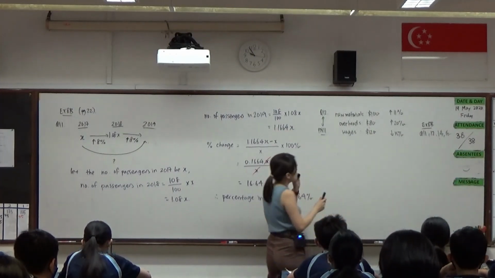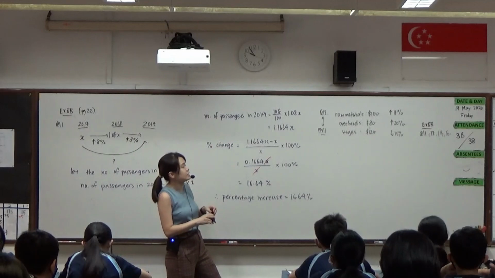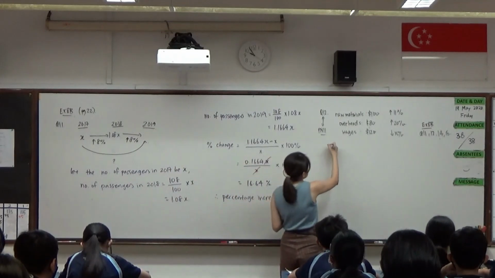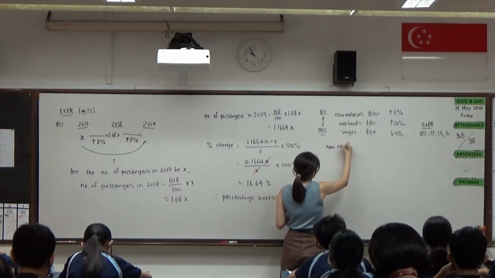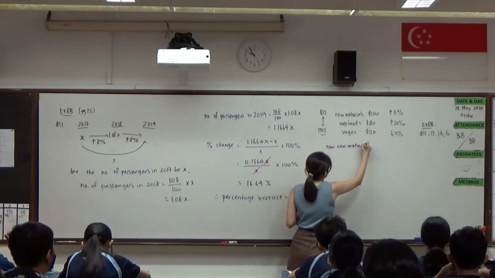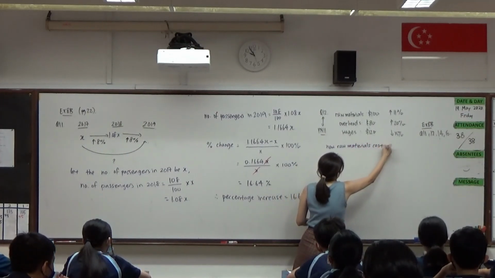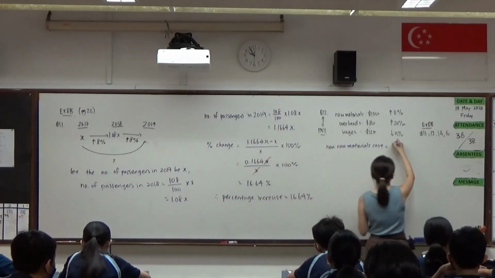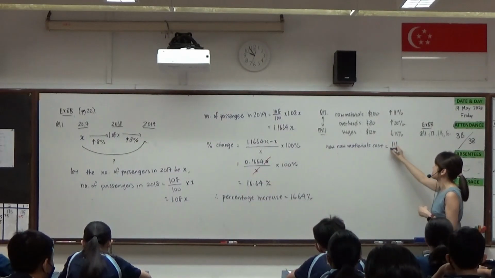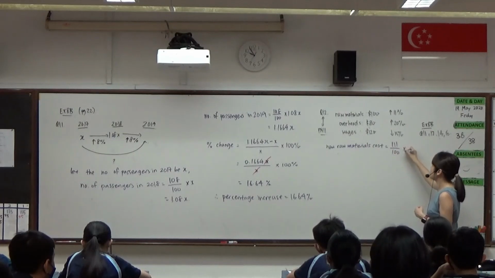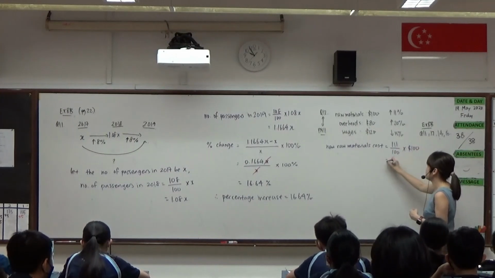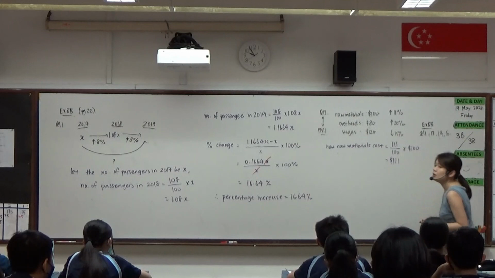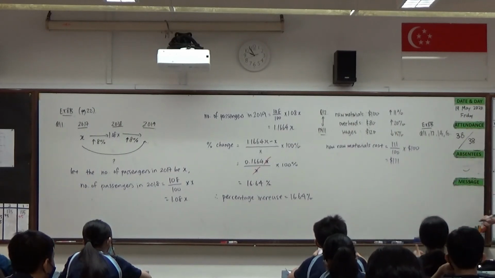So what we need to do is to find out what is the new raw materials cost. Since there is an 11% increase, that will mean that it's overall of 111% over 100 times $100. We get $111.